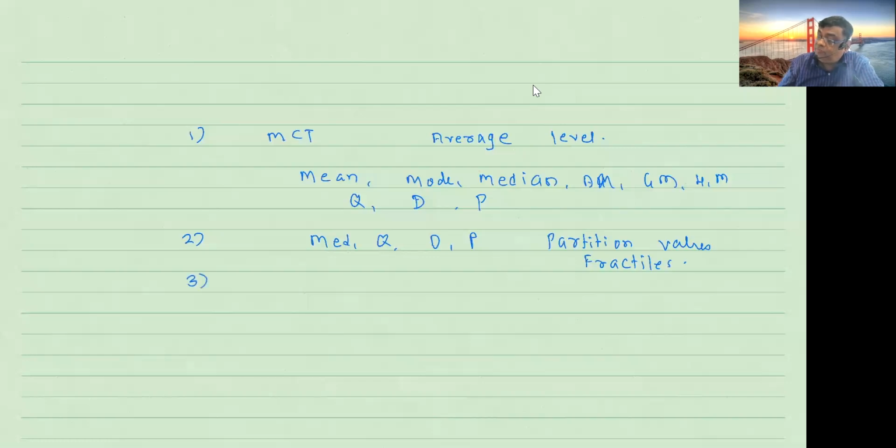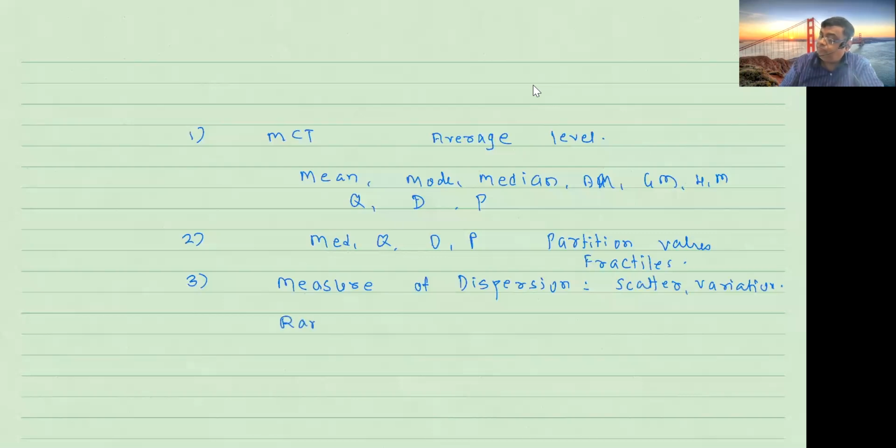Remember, measure of dispersion. Measure of dispersion is a measure of scatter. Scatter means spread. Is a measure of variation in the data.